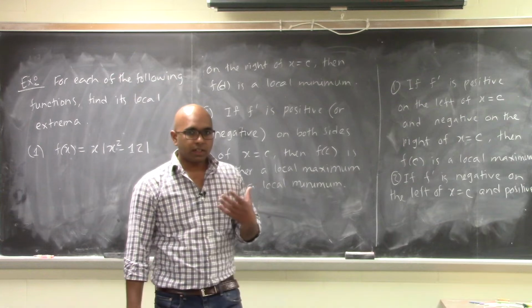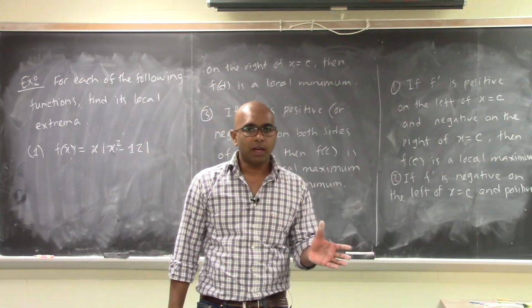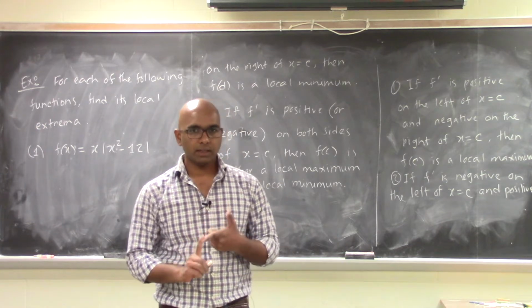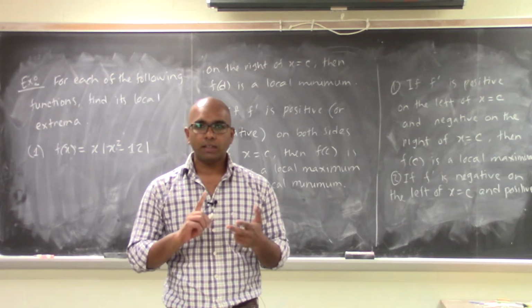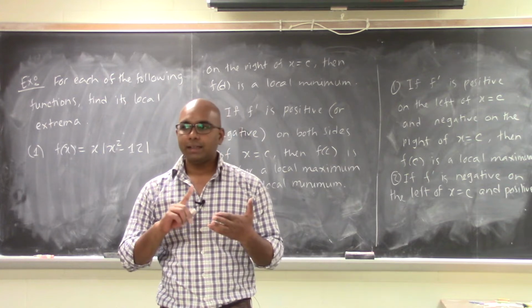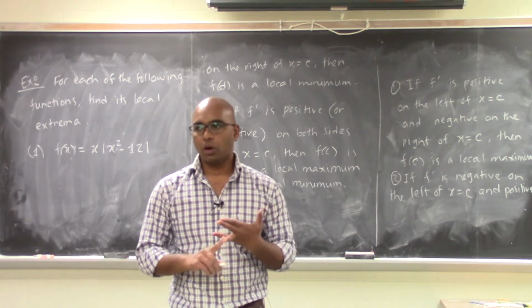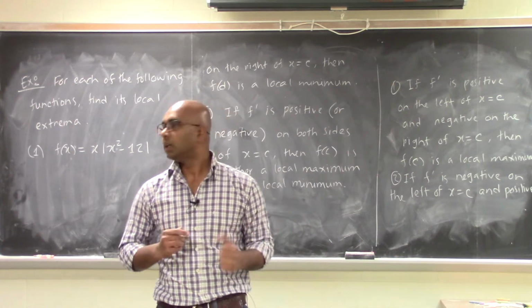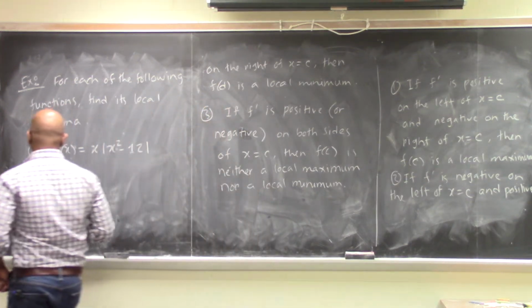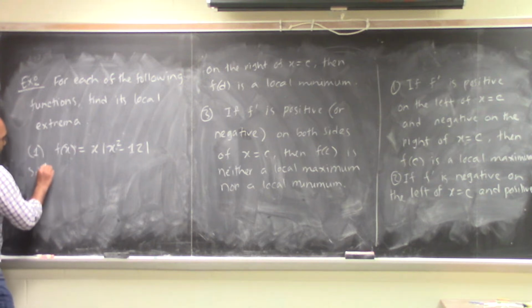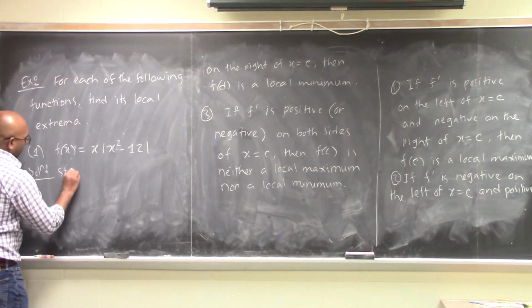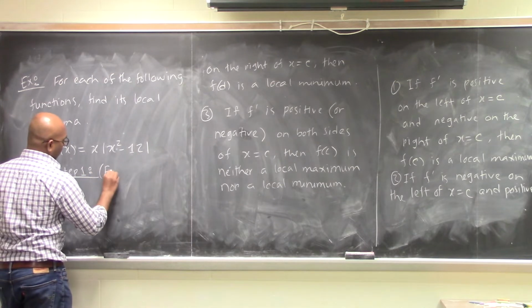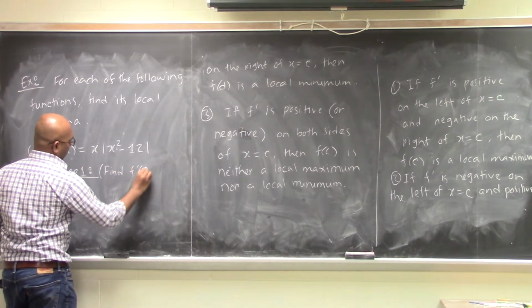Now if you look at the first derivative test, that gives you some algorithm. First you need to find the derivative, and from there you need to find the critical numbers, and then you need to find the intervals on which your derivative is positive or negative, and that's it. So step 1 solution. Step 1, find f prime of x.